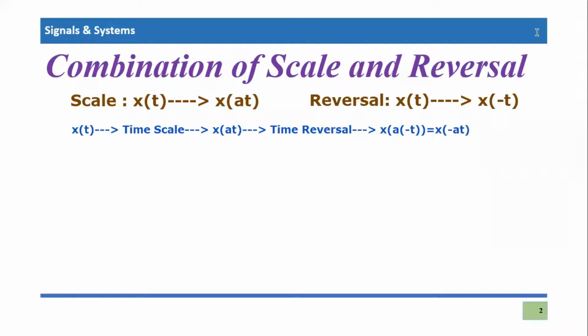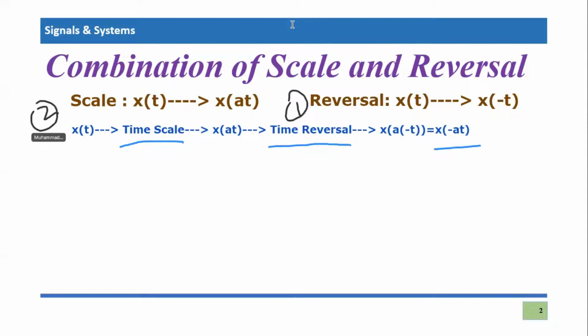So this is the output I've noted down: first we applied time scale, so the signal became x of at, and then time reversal, where t is replaced by minus t, so the signal became x of minus at. So let's apply the different combination. This time we first apply the time reversal, and then we apply scale.